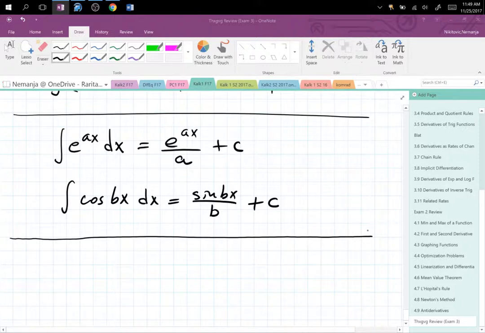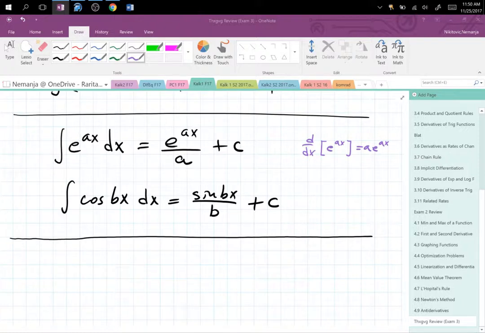You will understand why these work the way they do. Just to put the derivative formula on the side, the derivative of e to the ax is a e to the ax. So the derivatives multiply the constant and the integrals divide by the constant as you put them together. Good.